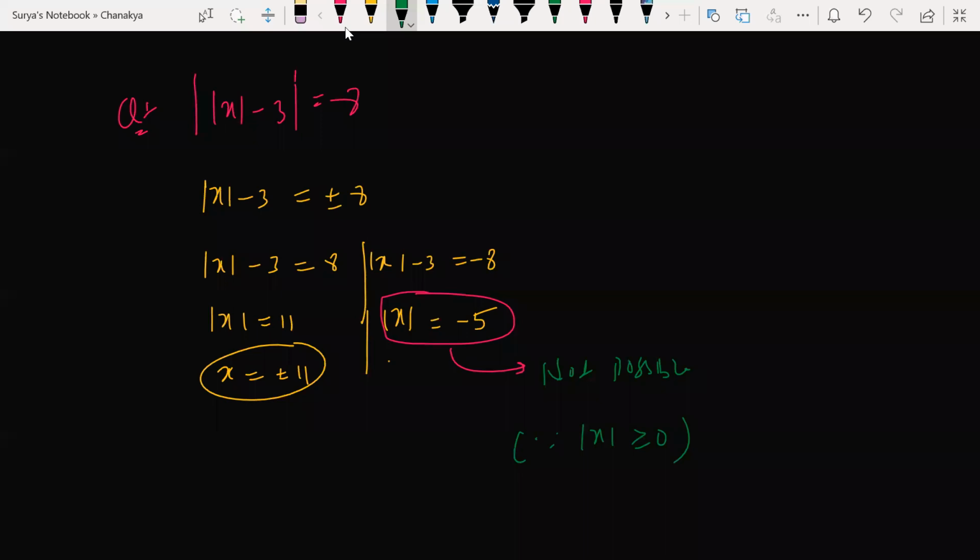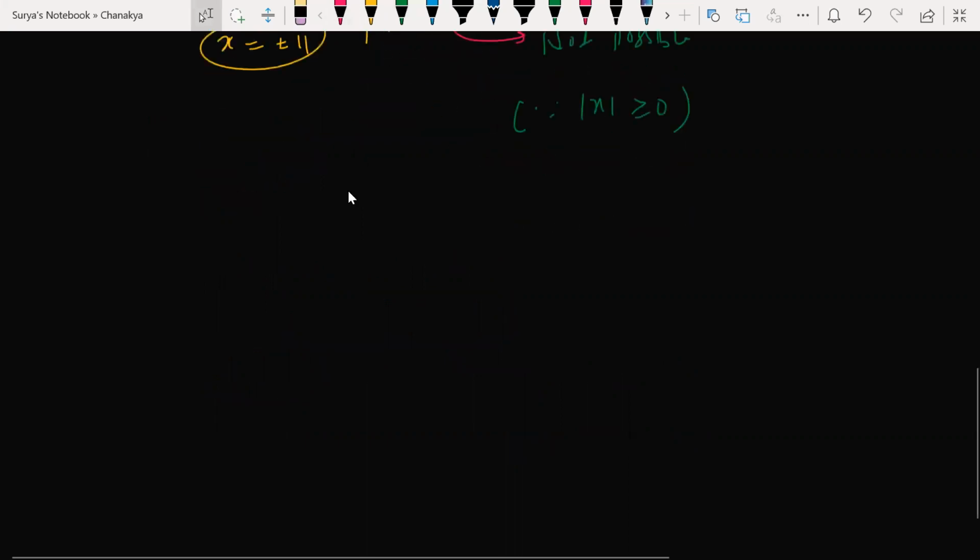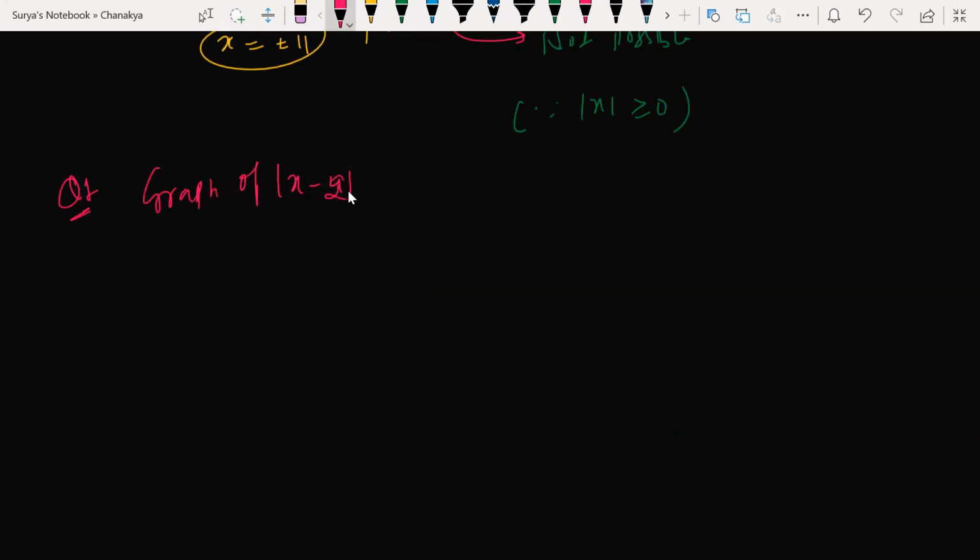This is the answer. How many of you gave this answer? Very simple. Now I will ask you to solve a question like, I need a graph of this modulus function. Or anything randomly you take. x minus 2. Graph of this.